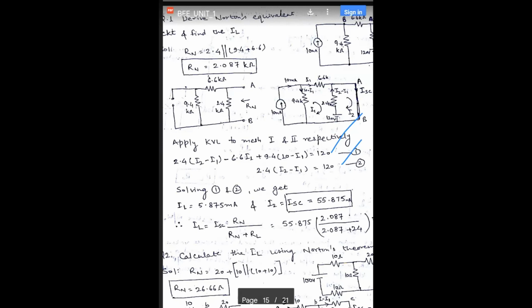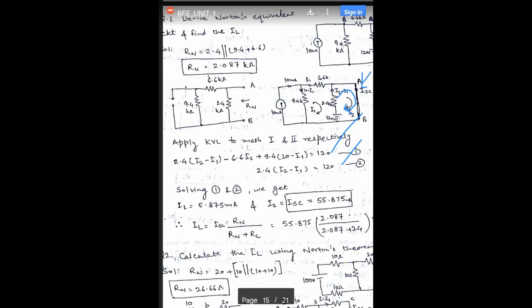So this I2 current which was flowing in this loop is the short circuit current. Okay. So we have reached the ISC current.